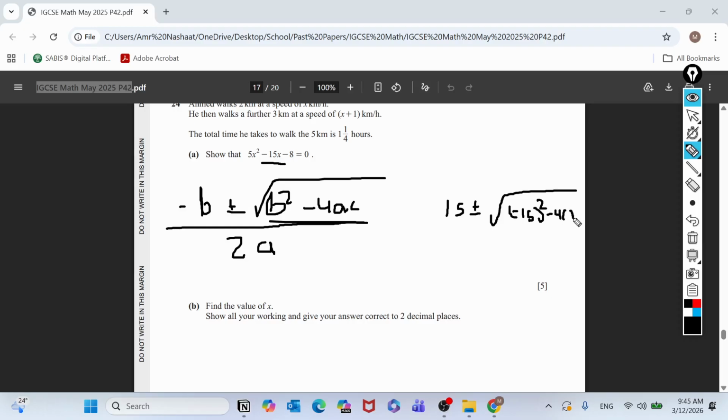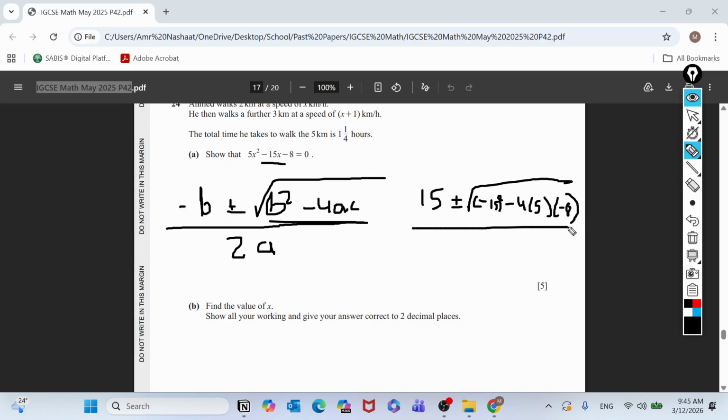So 15 plus minus the square root of negative 15 squared minus 4 times a which is 5, times c which is negative 8, over 2a, over 2 times 5.